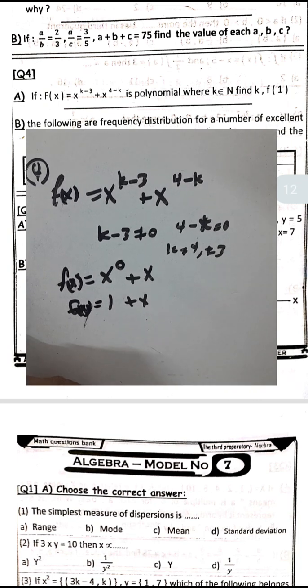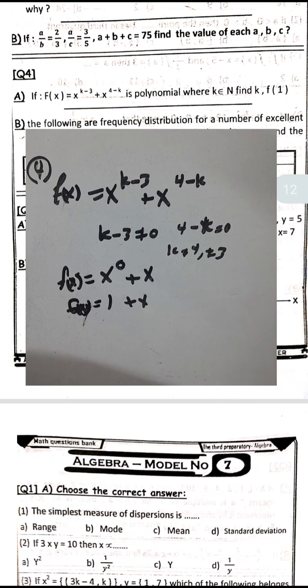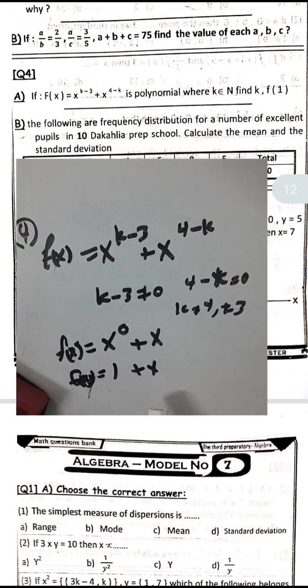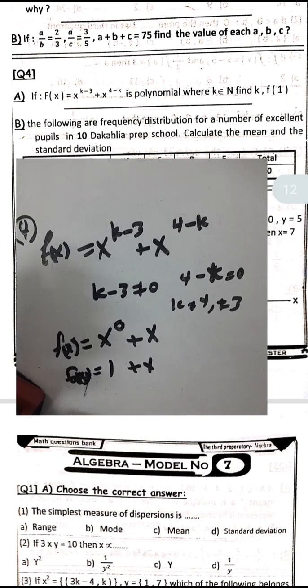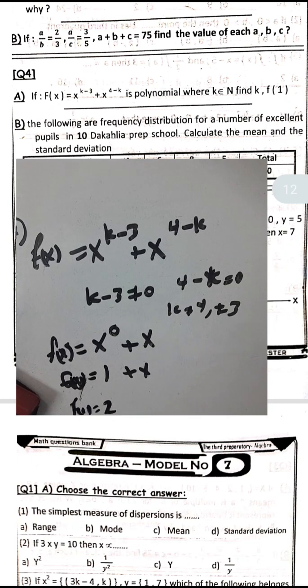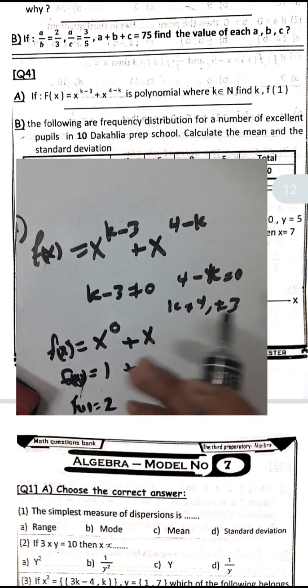You want to find k, and f of 1: x equals 1, 1 plus 1 equals 2. Then f of 1 will be 2. Why? Because it tells us this function is a polynomial. Polynomial means x power positive, not x power negative.